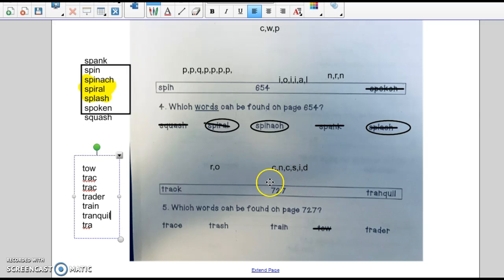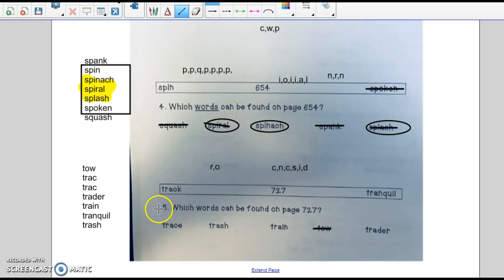And then S will be last, trash. So we got rid of a lot of words there. We're done with trash. We're done with train, tranquil, trader.